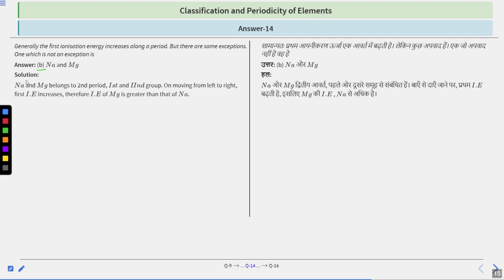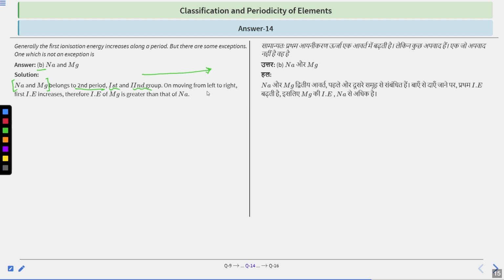If you see the periodic table, sodium and magnesium are in the same period. A period runs from left to right. So sodium and magnesium belong to the same period, but if you see the groups, sodium belongs to the first group and magnesium belongs to the second group.